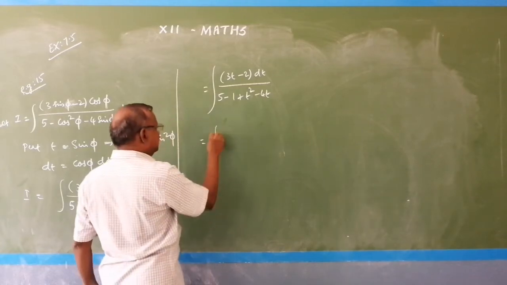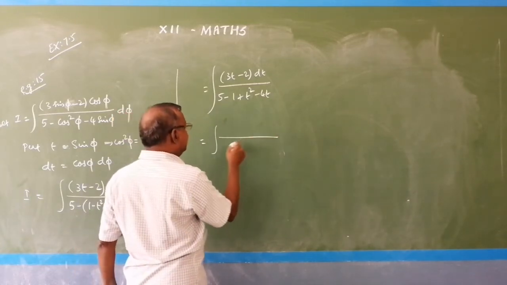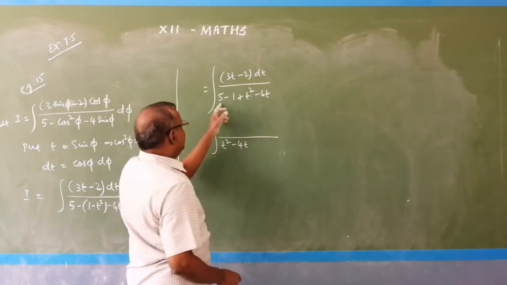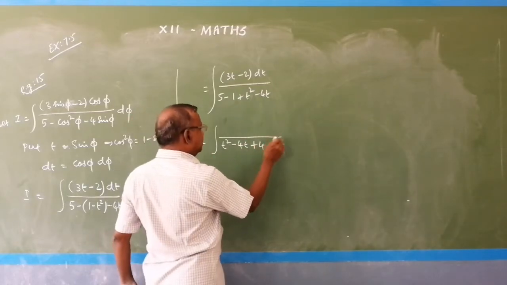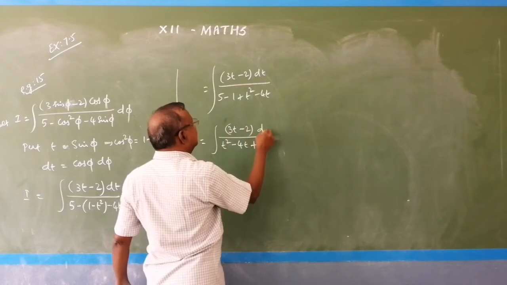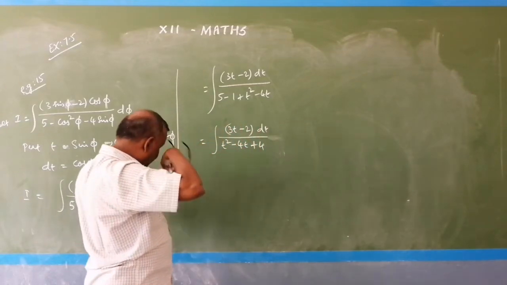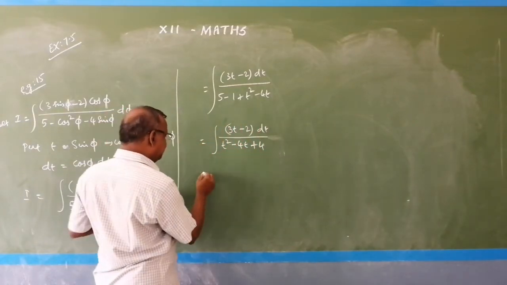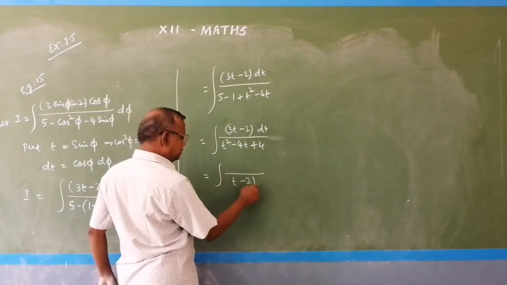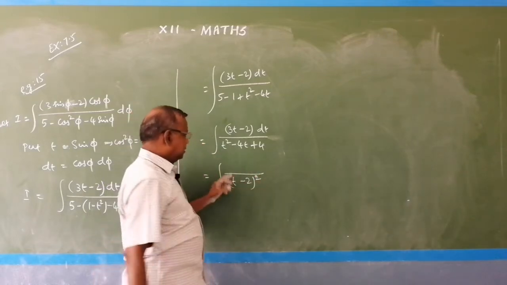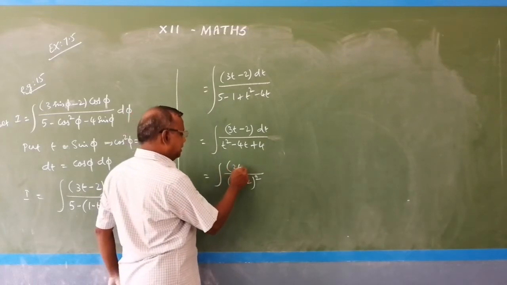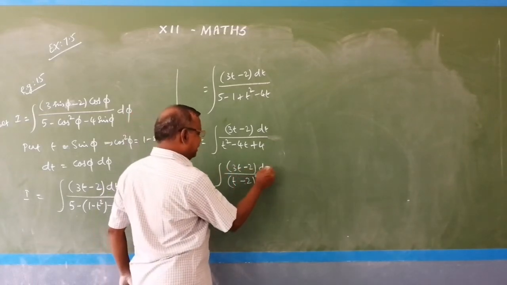So, this is equal to the integral where the denominator is t square minus 4t plus 4 and the numerator is (3t minus 2) dt. Further, we can write the denominator as (t minus 2) the whole square, using a square minus 2ab plus b square. The numerator is (3t minus 2) dt.